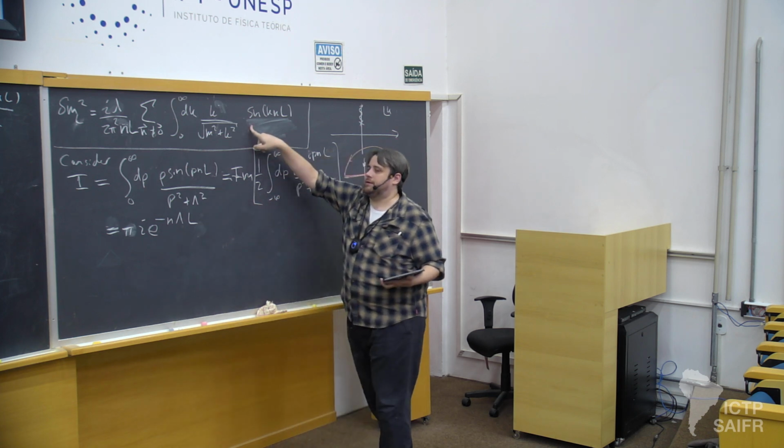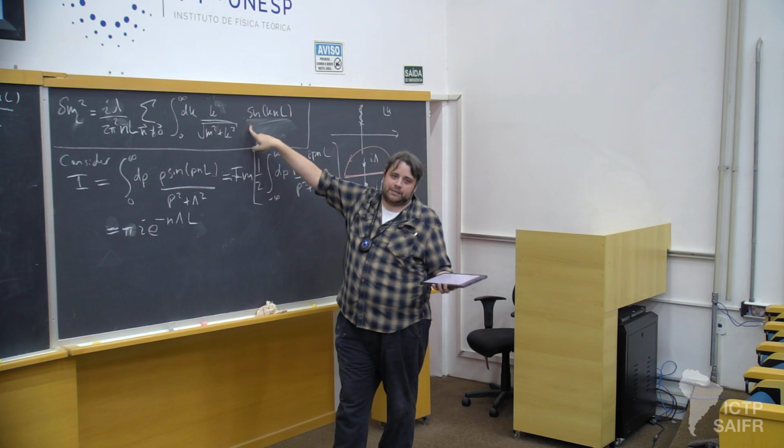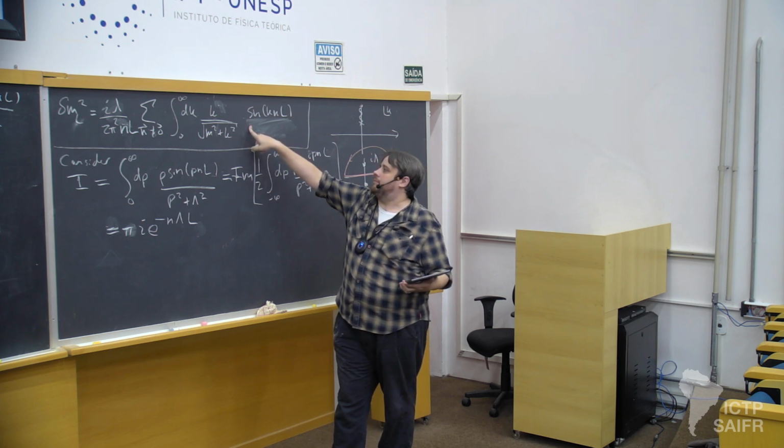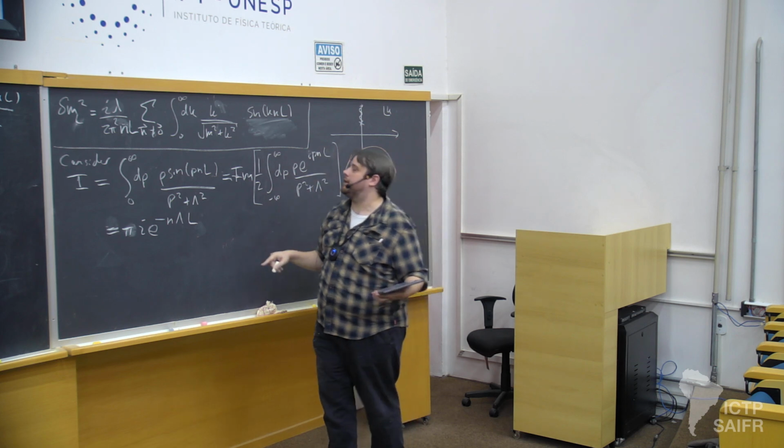Same thing happens here, but again, it's going to involve modified Bessel functions. Do the exercise if you're familiar with them. It's not bad, you just have to assume regulation to close the contour out at infinity.